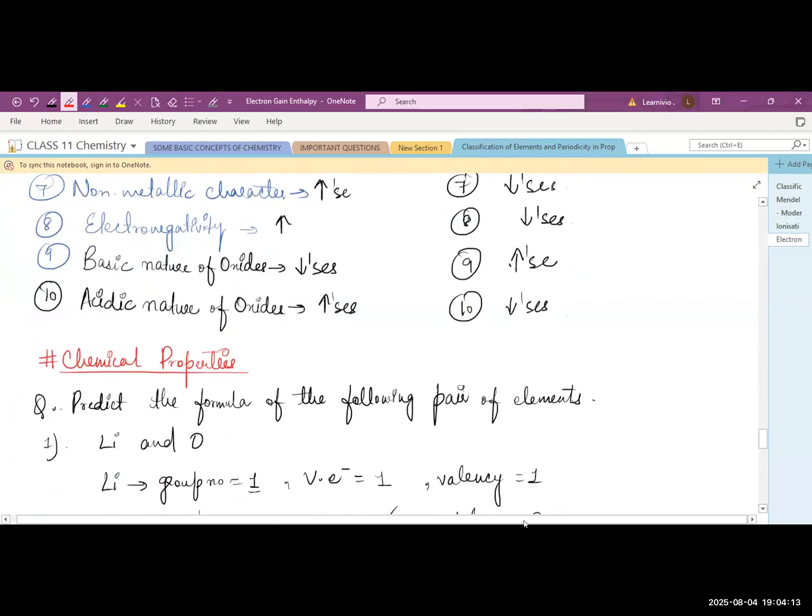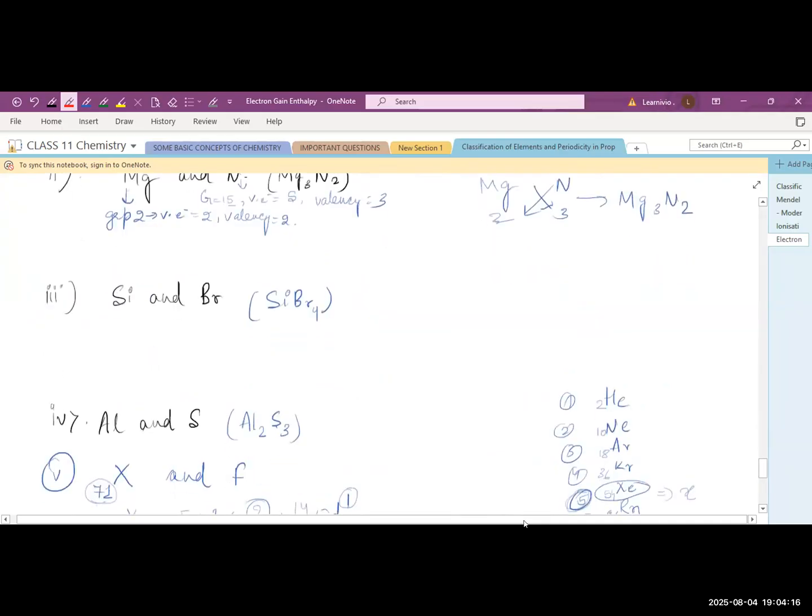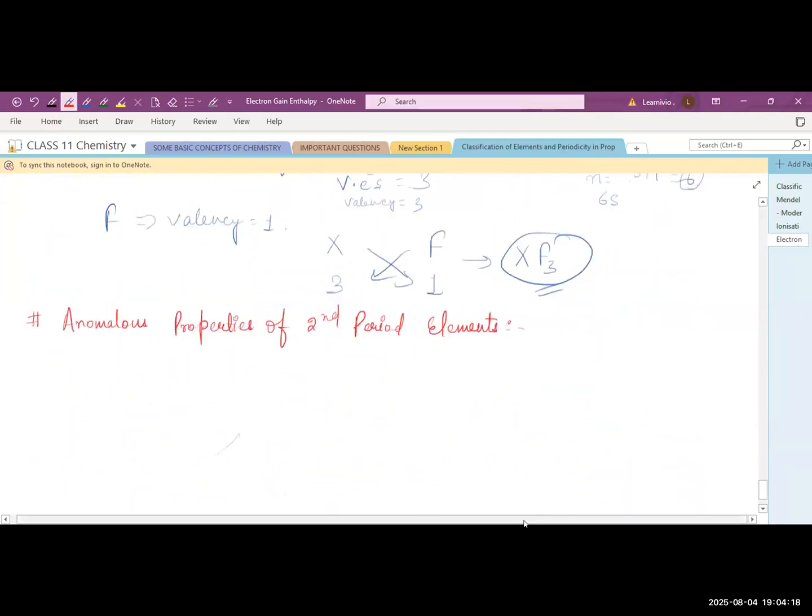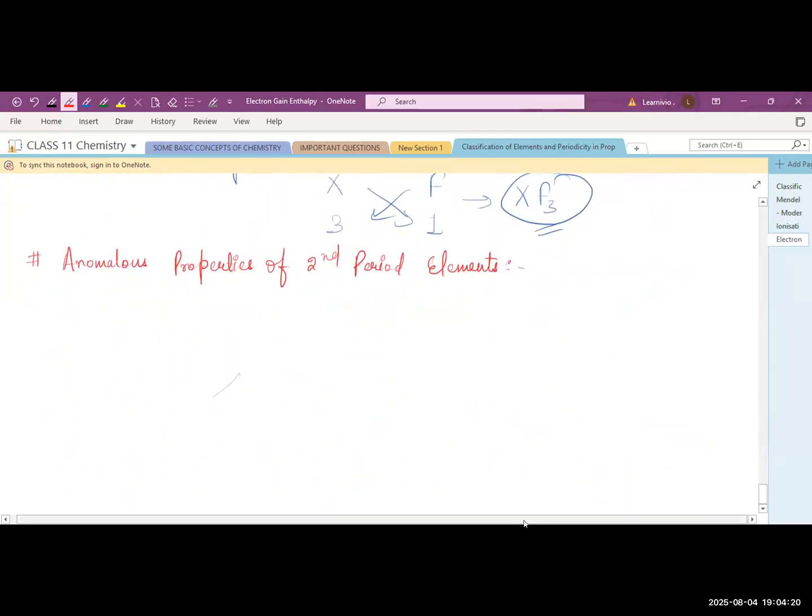So we will discuss it in detail, right? Just remember, the element that sits in the first place of the group, its behavior doesn't match with the rest of the elements present in the group, right? So we will talk about that. So we will see why this anomalous property occurs, why it happens, right?